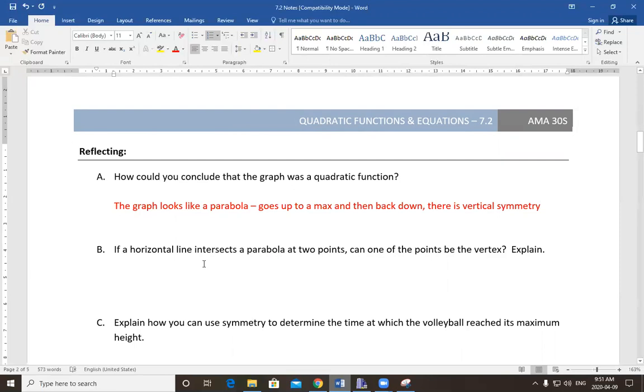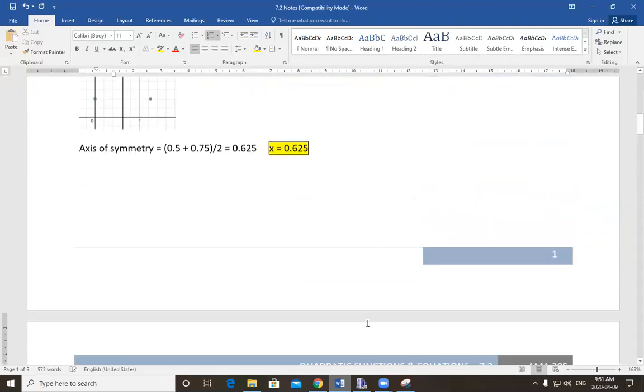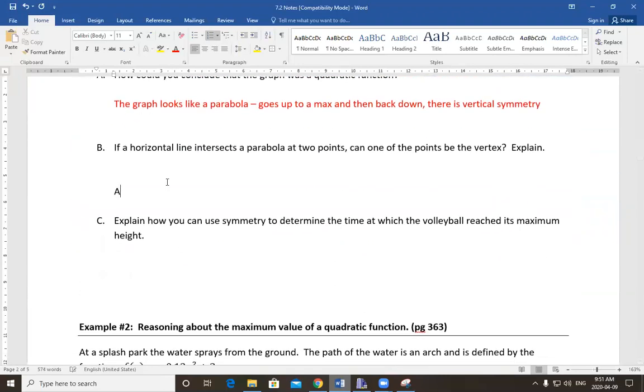If a horizontal line intersects a parabola at 2 points, can one of the points be the vertex? Again, the horizontal line, if it cuts it at 2 points, it can't be the vertex. If it touches the vertex, it's only going to touch 1 point. So a horizontal line only touches the vertex once.